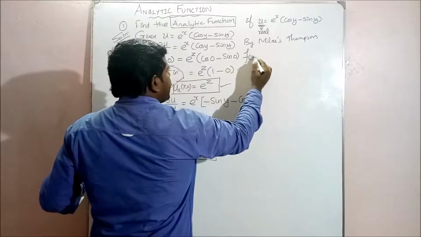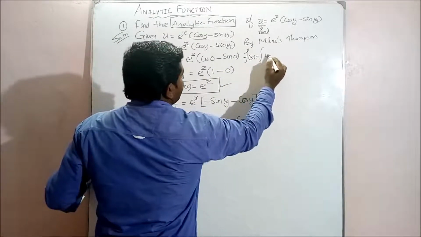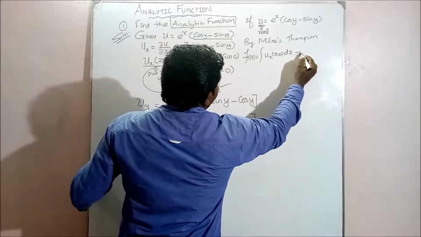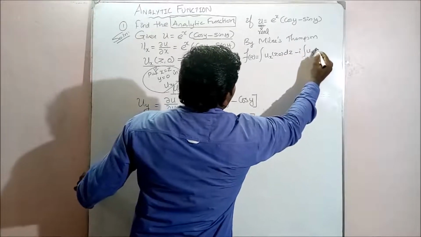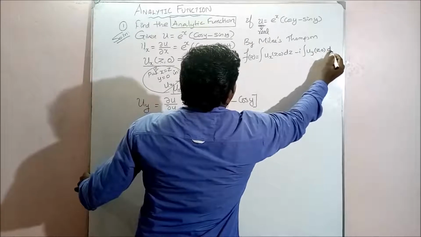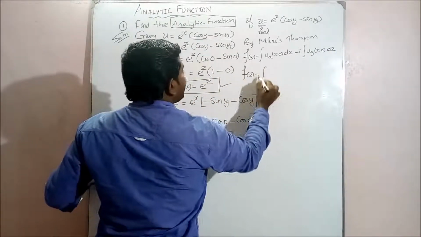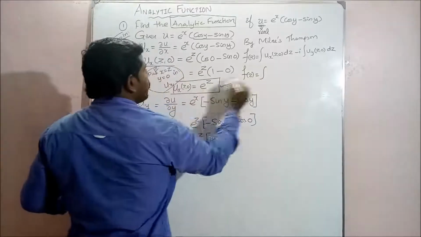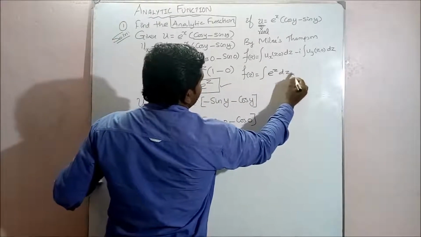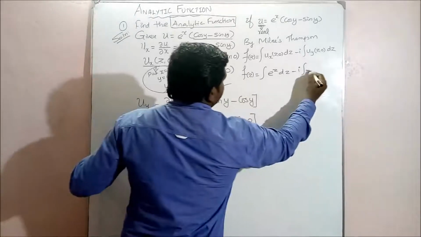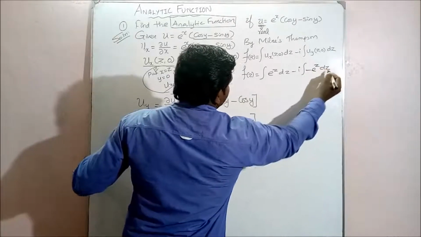So f of z is equal to the integral of ux of z comma 0 dz minus i into the integral of uy of z comma 0 dz. So f of z equals the integral of e power z dz minus i into the integral of minus e power z dz.